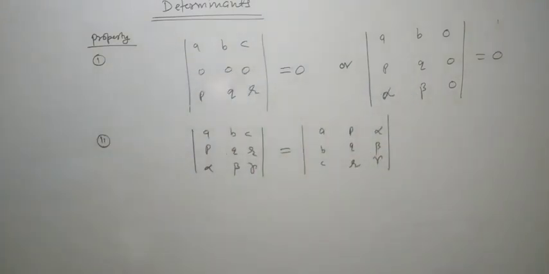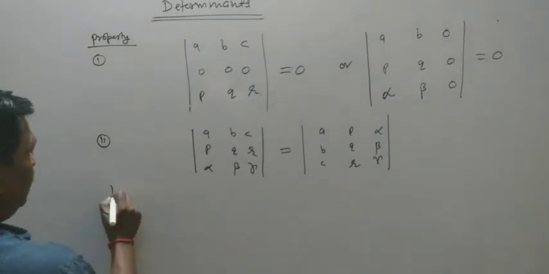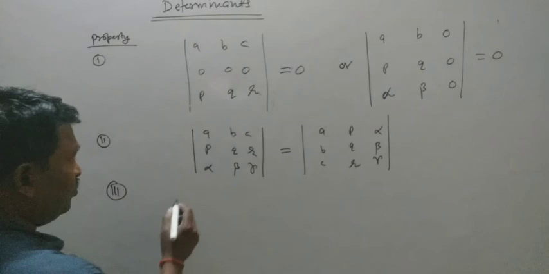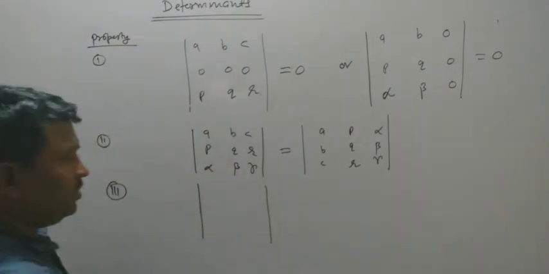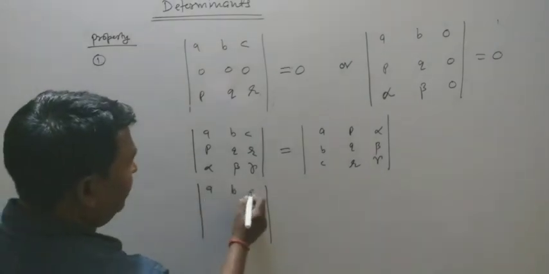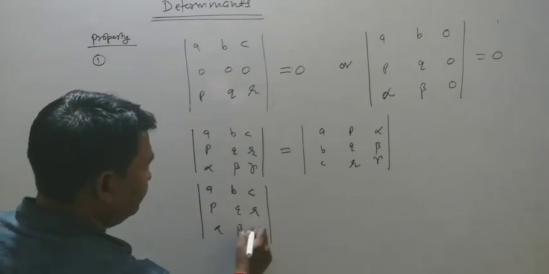Okay. Now coming to the third property. The third property is that if any two rows or columns of a determinant are interchanged, the resulting determinant is the negative of the original determinant. Suppose I have taken A, B, C, here P, Q, R, here alpha, beta, gamma.